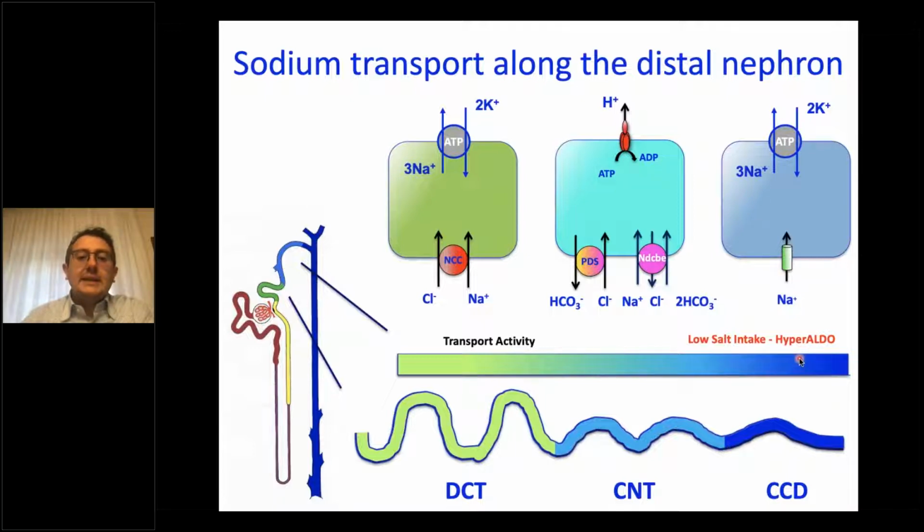So basically, you can see here that any alteration in the activity of these can increase the sodium chloride reabsorption, and so the volemia, and so the hypertension. This is a classical nephrocentric view for the pathogenesis of monogenic forms of hypertension.